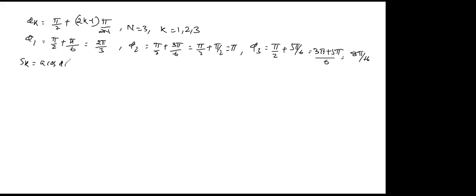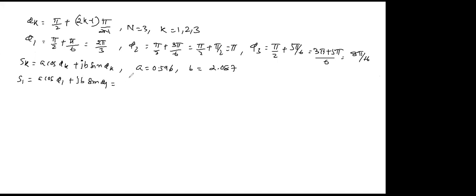Then use the formula sk equals a cos of phi k plus jb sine of phi k. A is known to you, 0.596. B is known to you, 2.087. Now phi 1, phi 2, phi 3 values are known. Then we get S1 equals a cos of phi 1 plus jb sine of phi 1, which gives minus 0.298 plus j 1.807.